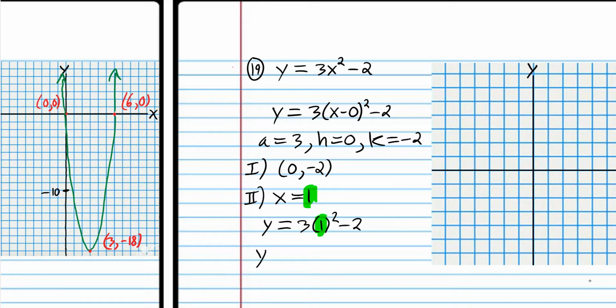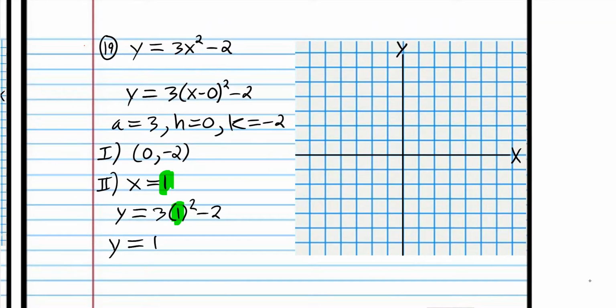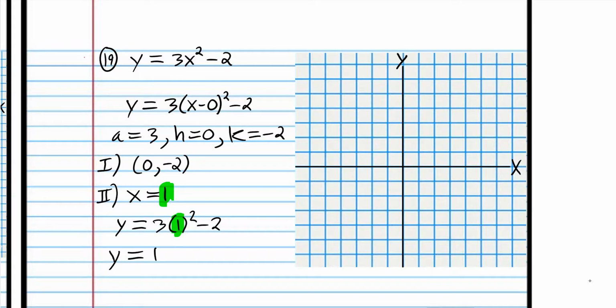So doing the math on that, I'm not going to show all the steps, but y is equal to 1. Again, that's just basic order of operations. You should know that by now. You can go back to my arithmetic course under order of operations and review that if you need to. So now the vertex is 0, negative 2. That's about here. And we have another point 1, 1, which is here. Use symmetry and connect the dots.